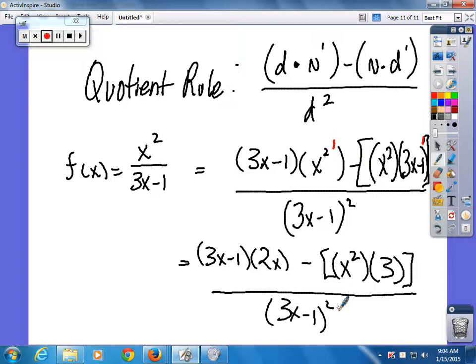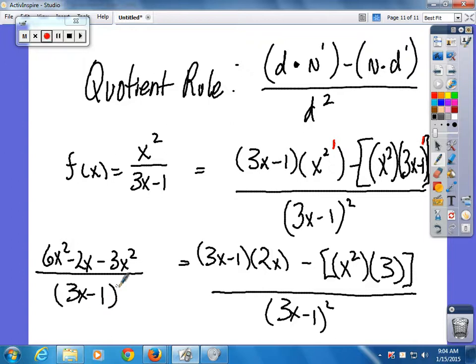I'm not going to worry about that denominator until the end. And this is going to be what? 6x squared minus 2x. Minus 3x squared over 3x minus 1 quantity squared.